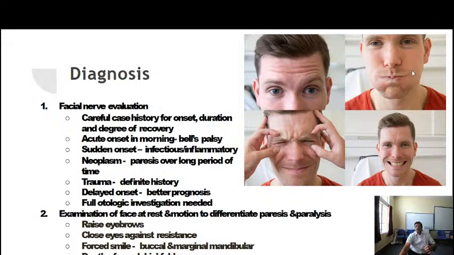There is blowing, wherein you hold the air in and blow the cheeks, and the teeth being shown. So these are the various tests in order to find out whether it's a facial weakness or paralysis.